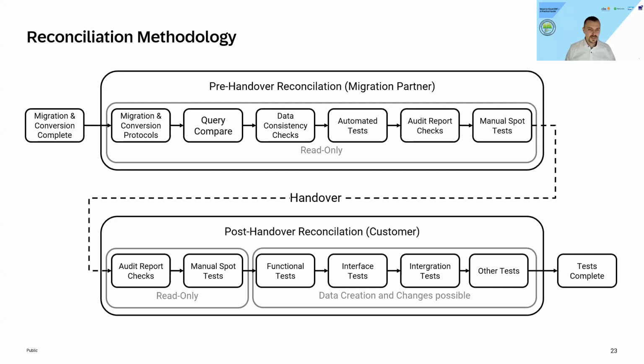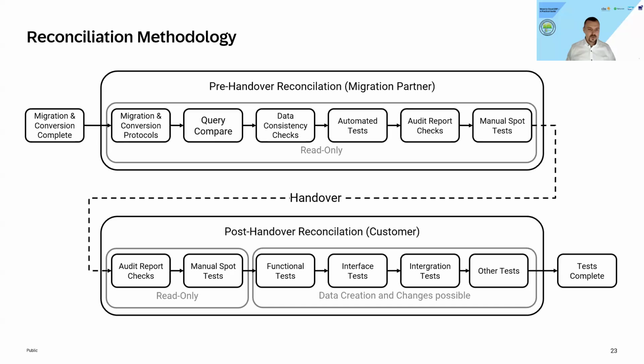Starting after the migration or the conversion is complete, we go through a chain of different steps for all of our validation, starting really with the migration protocol. So everything which comes out of the tool, the messages and different numbers, we validate whether it fits the previous test migrations, and whether the go-live went smoothly and as expected, or whether we see any unexpected errors or messages from the tool, which we can check directly before we start with the technical validations.